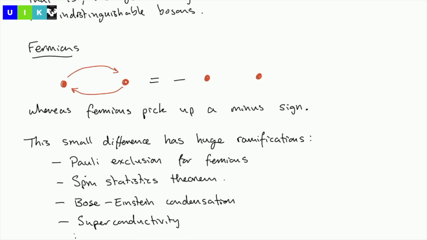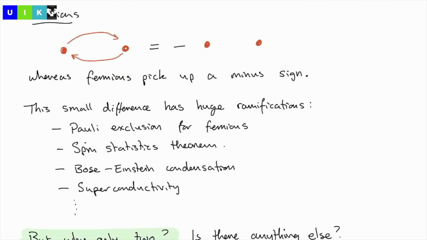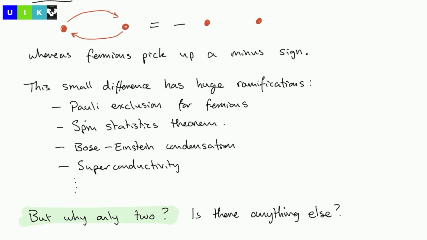Now, this very small difference, this minus sign, is extremely important. And this leads to a huge range of ramifications, such as the Pauli exclusion principle for fermions, without which we wouldn't really have chemistry. We have this deep connection between fermion and boson statistics and integer and half-integer spins in the spin-statistics theorem.